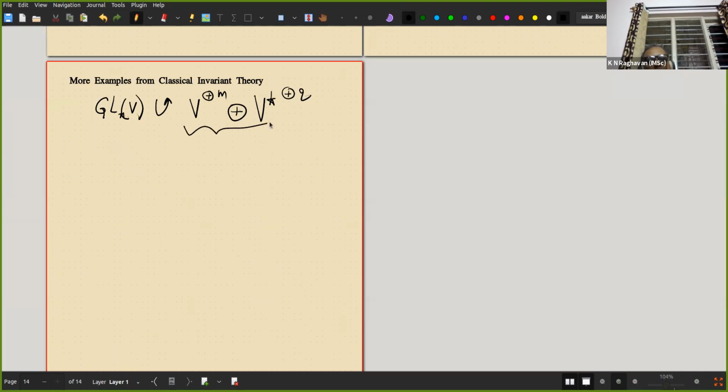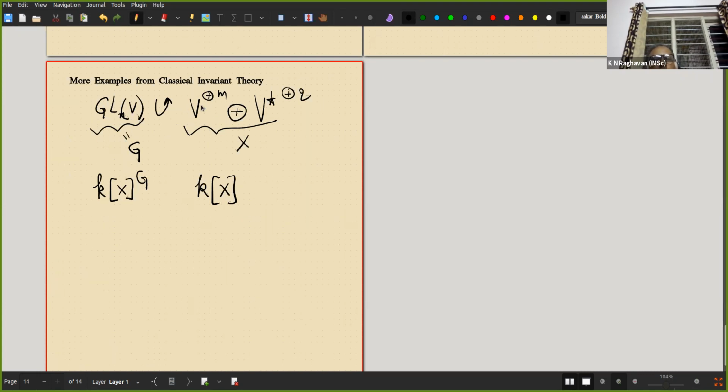So this is my X, and this is my G. And you can ask yourself, what is this K[X]^G? K[X], of course, is a polynomial ring in many variables: the dimension of V times M plus the dimension of V times Q. So what is this?